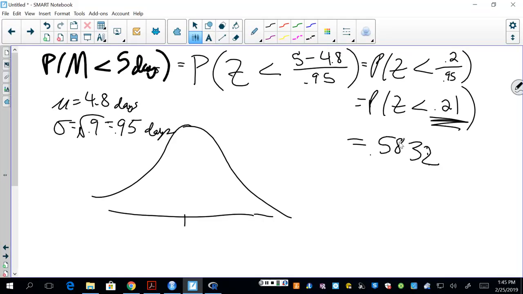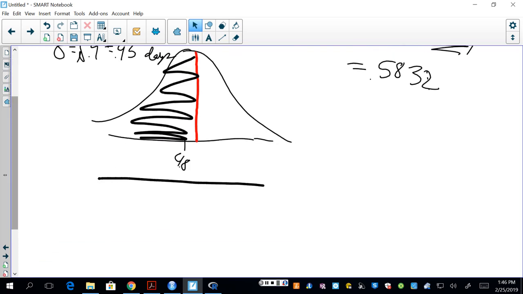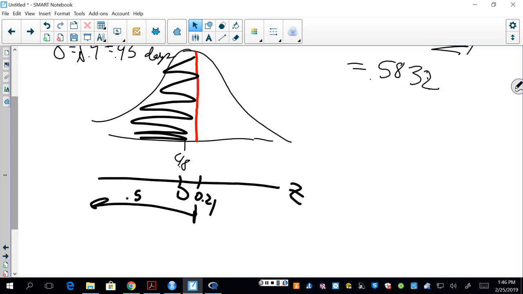The average was 4.8, and we're asking about 5, so less than or equal to 5. So we want this area over here. In terms of a z-score, the middle's at 0 and 0.21, and the area going all the way back was 0.5832.